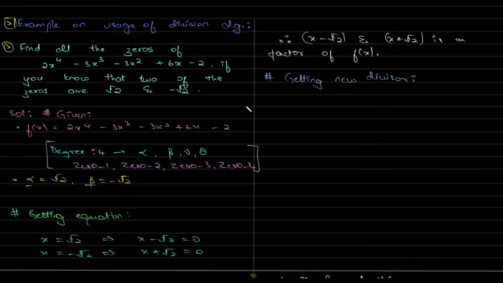How will we get a new divisor? If I multiply these two, I'll get a new divisor: x minus root 2 into x plus root 2.